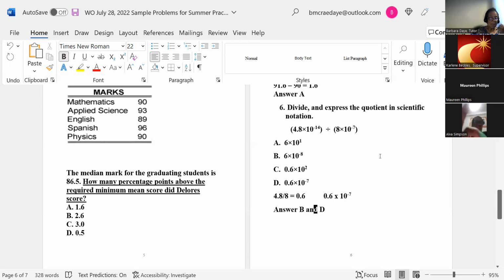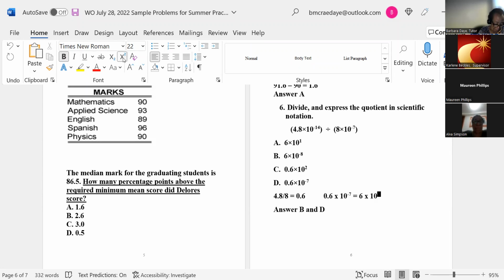Which one are you doing now, Miss Barbara? How do you get the 8 to the power of minus 8? Remember I said you increase and you decrease. So 0.6 times 10 to the -7 equals 6 times 10 to the -8.